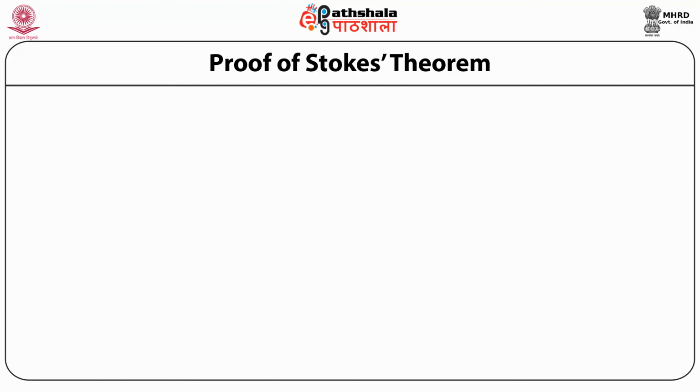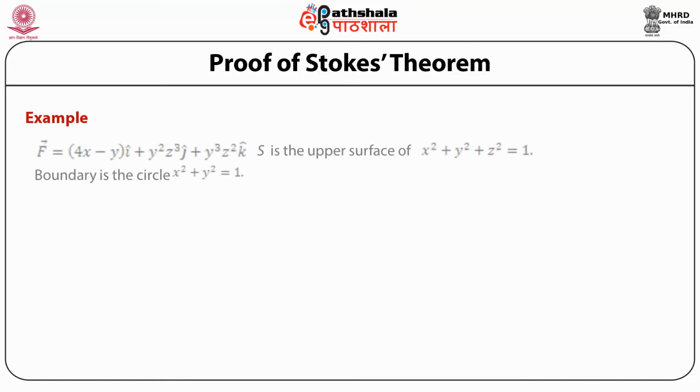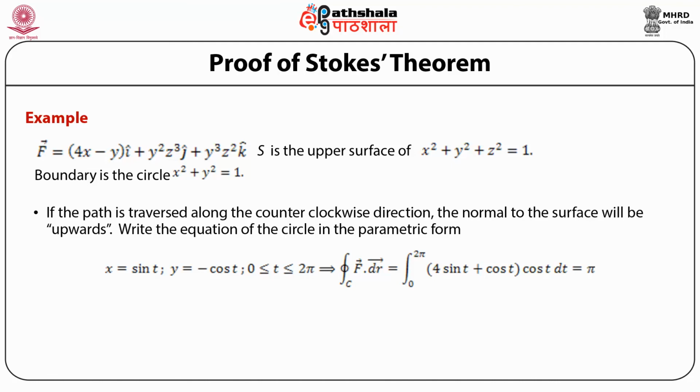So now let us see one example. F equals (4x minus y) i plus y squared z cubed j plus y cubed z squared k, where S is the upper surface of x squared plus y squared plus z squared equals 1. The boundary is the circle x squared plus y squared equals 1. If the path is traversed in the counterclockwise direction, the normal to the surface will be upwards.